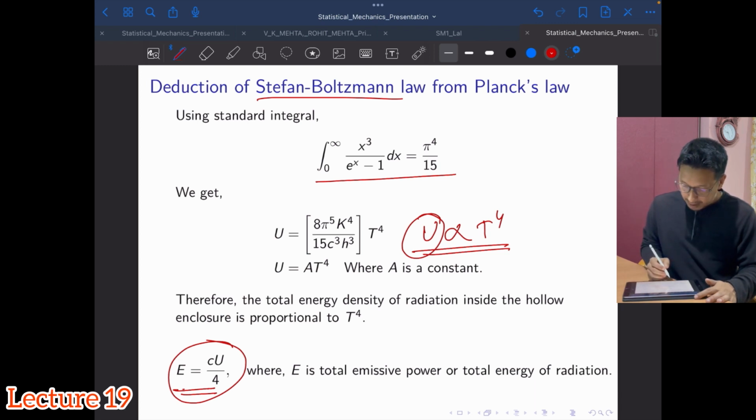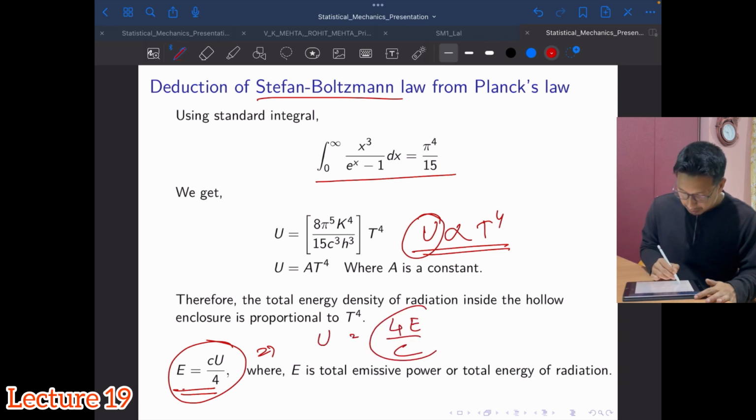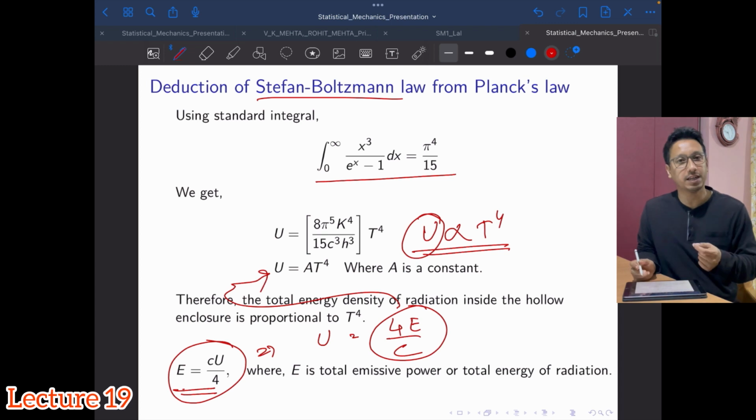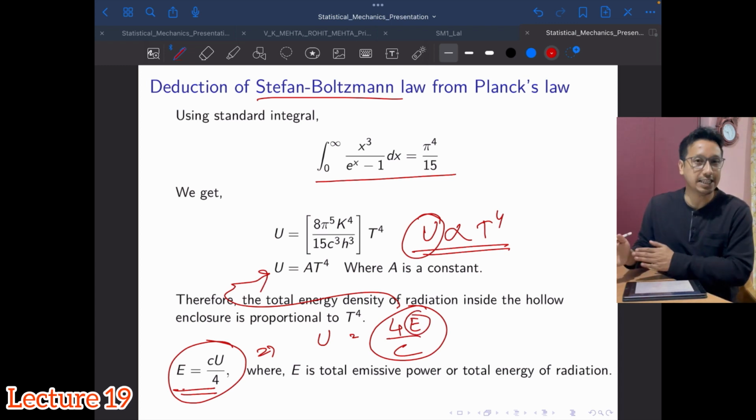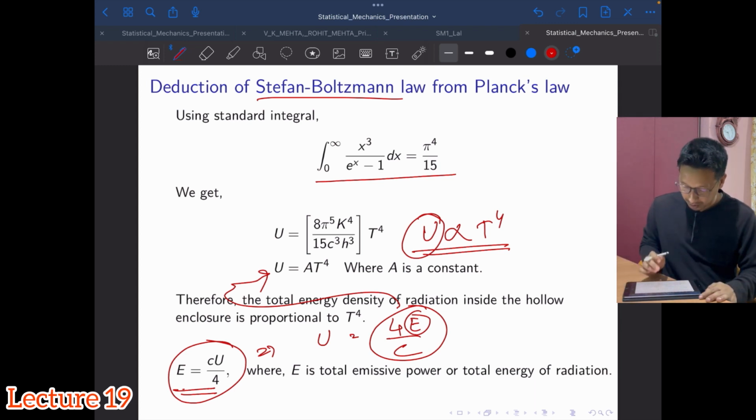So if I obtain U from here, U will be 4E by c. And if I substitute this expression, because I need what here? Stefan's law deals with the emissive power and temperature, the relation between the emissive power and the temperature.